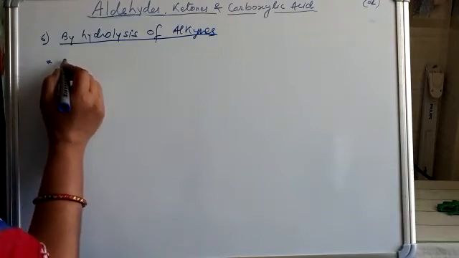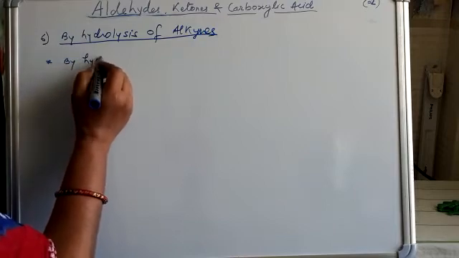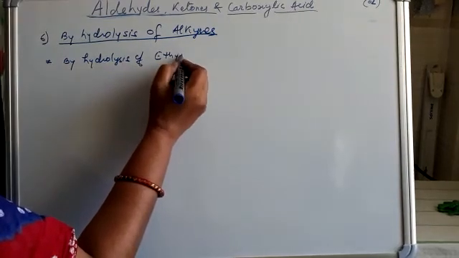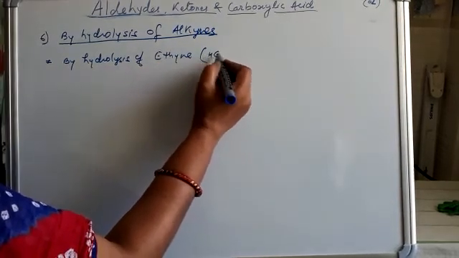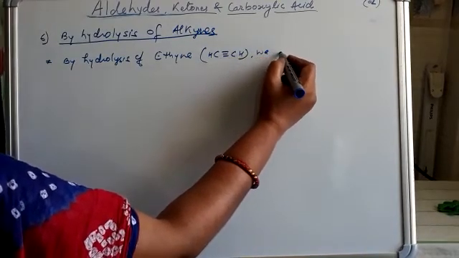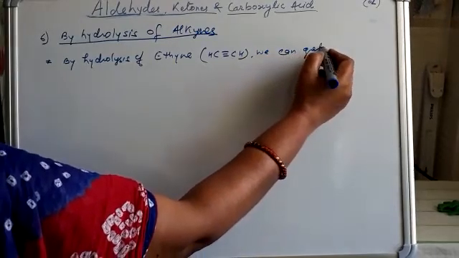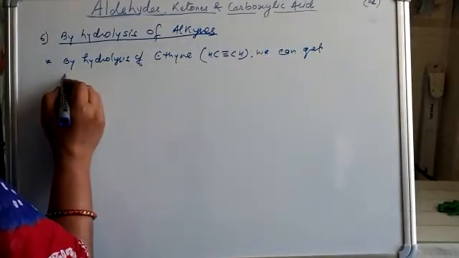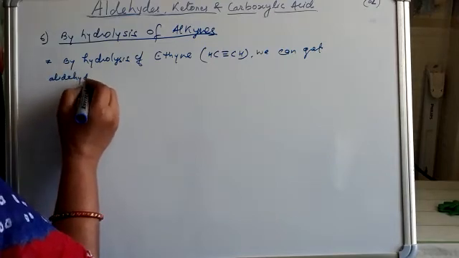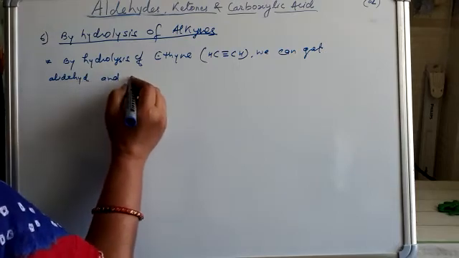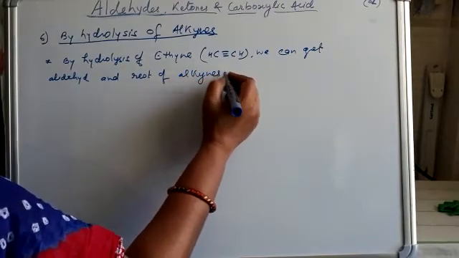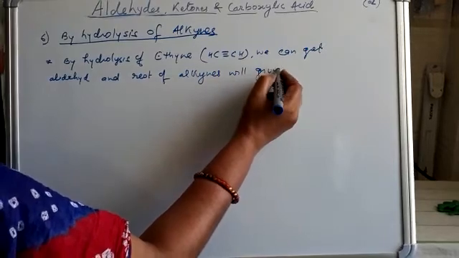At first note down: by hydrolysis of ethyne only, we can get aldehyde, and the rest of the alkynes will give ketones.